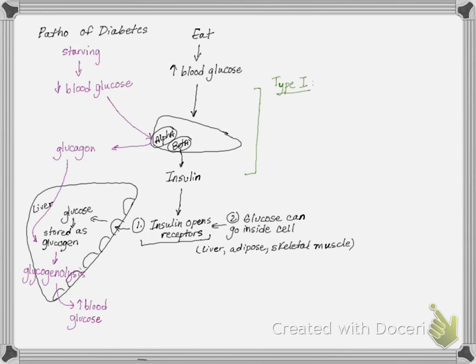With type 1, our beta cells are destroyed completely. Okay, they're destroyed. So no insulin is produced.